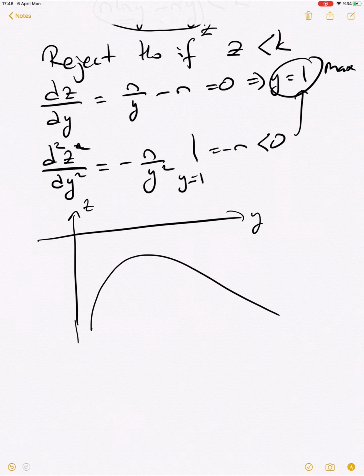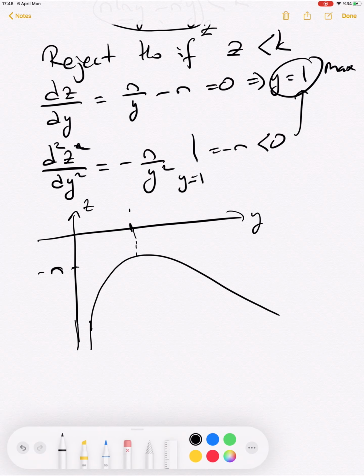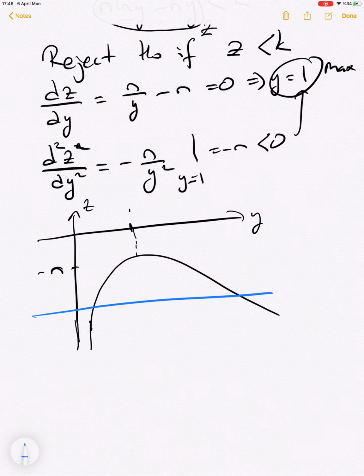So we will have such a shape, with a negative quantity at the point where y is 1. The position or how you draw the shape is not important, but the important thing here is your rejection region in terms of k. Let's say our k is somewhere here, and my rejection region in terms of z is z less than k. So this region is my rejection region.